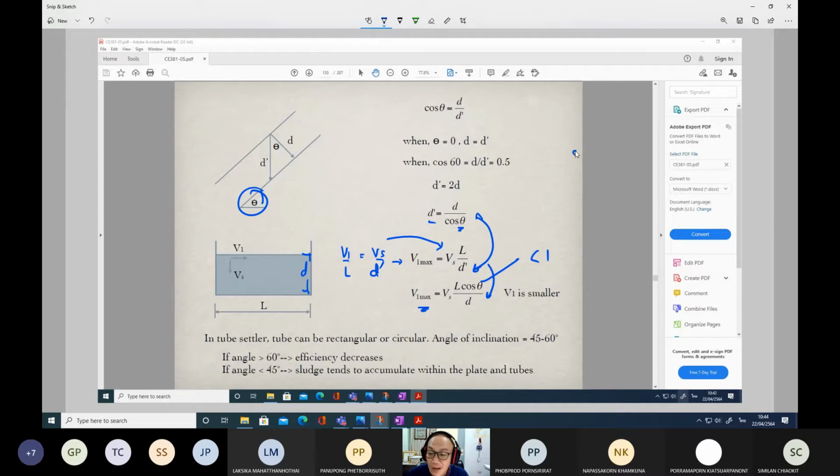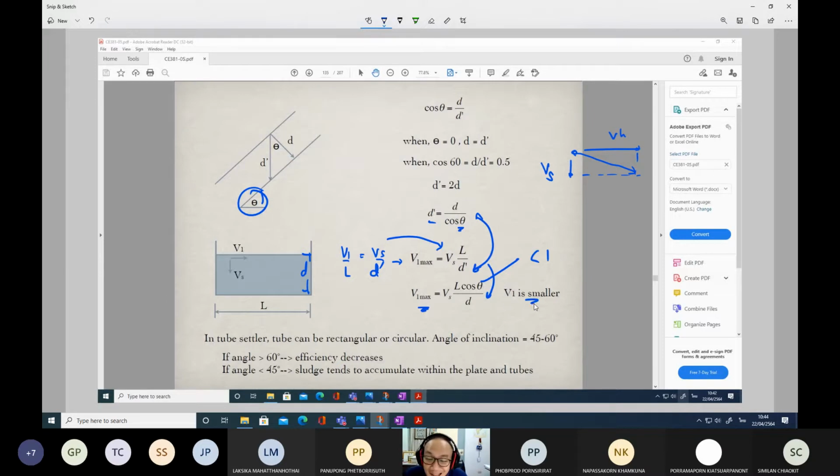Just think about normal precipitation. This is the VH and this is the VS. Normally you can find the trajectory line, which would be something like this. It's a resultant of the horizontal velocity and the settling velocity.